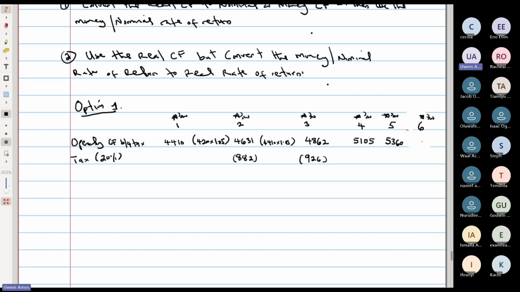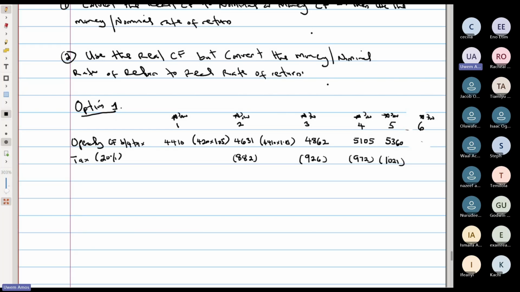20% of 4862 is 972. Payable 1 year in arrears. 20% of 5105 is 1021, payable 1 year in arrears, payable in the next following year. 20% of 5360, which is the last one, is 1072, payable 1 year in arrears.